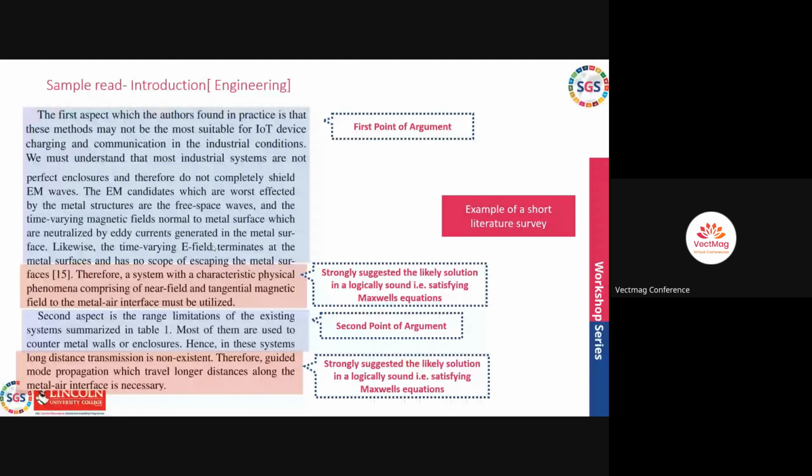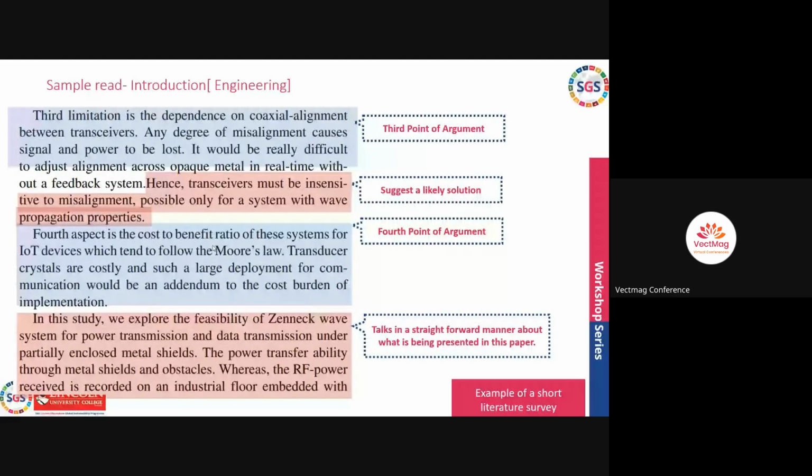Once you have a two-point argument, the stage is set for the third point. Then you give a third point of argument, then again suggest a likely solution. Then a fourth point, then again straightforward. Then you can straight away say why you have done what you have done.